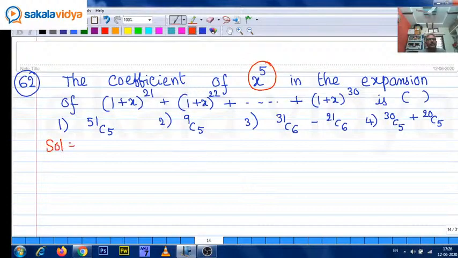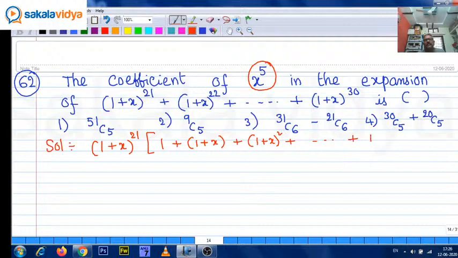So first let us do one thing. Take (1 plus x) to the power of 21 common. So now what do we get here? 1 plus (1 plus x) plus next will be (1 plus x) whole square and plus so on. This we can write up to (1 plus x) whole to the power of 9. Am I correct?